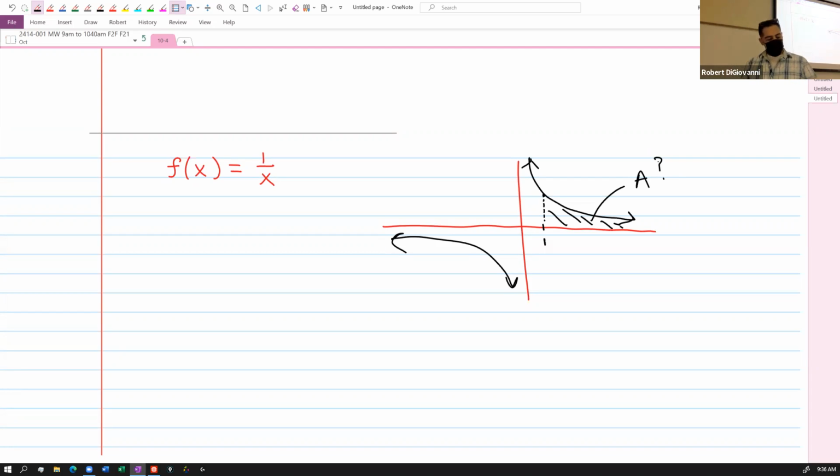So in terms of an integral, here's what we have. We have the integral starting at 1, never ending, so we're going to infinity. The function we're integrating is 1 over x dx.